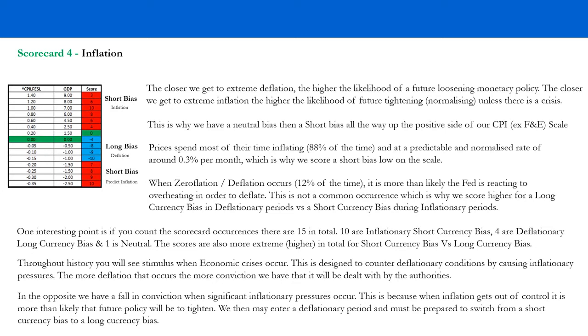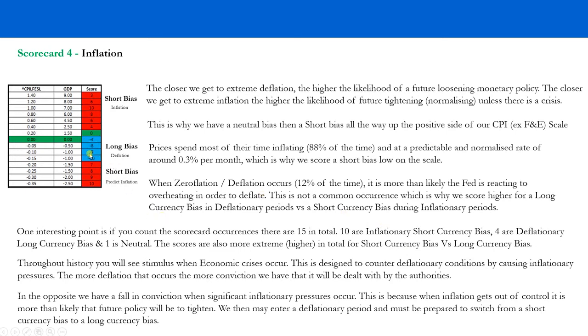And in these situations, it's more likely that the Fed is reacting to overheating in order to deflate. Now, this is not a common occurrence, which is why we score higher for a long currency bias in deflationary periods versus a short currency bias during inflationary periods.